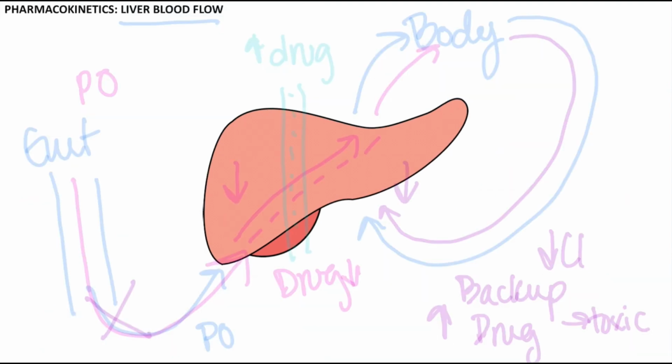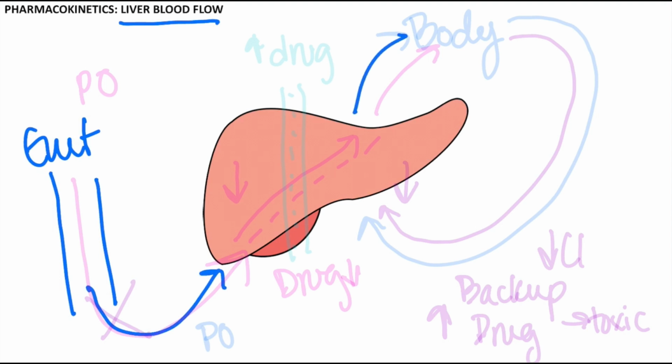Our last factor we will discuss is hepatic blood flow. Now hepatic blood flow will deliver drug that has been absorbed from the gut before it is sent out to the rest of the body. And this is the case for orally administered drugs.